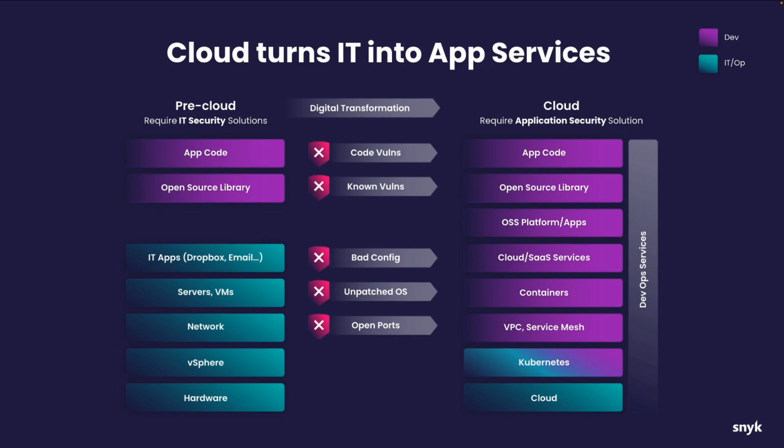And that process could take weeks or even months. But nowadays, developers are using cloud, containers, and Kubernetes, and they're moving faster than they ever have before. But because of this, there's an increased responsibility for these different areas, and developers aren't experts at everything, so security vulnerabilities definitely creep in.